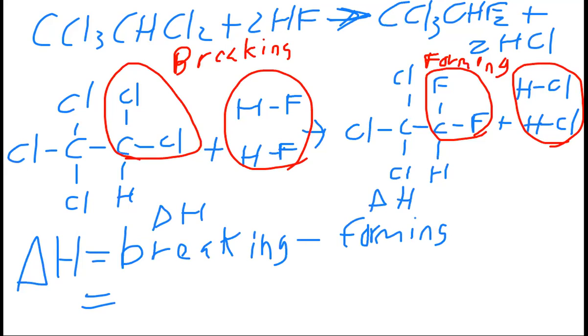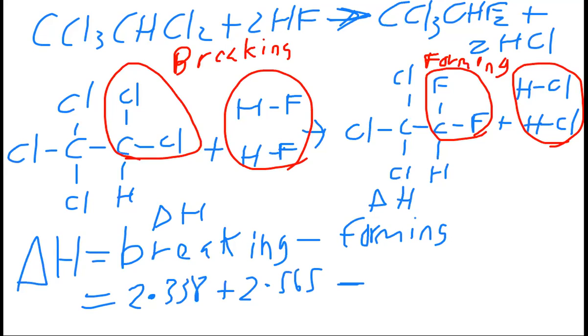So the breaking is going to be 2 times the CCl bond. What is that, Keaton? 338? Yeah, so the CCl bond is, let me tab back over. Good, and then HF is 547 or something? 565. 565, okay. 2 times 565, minus, what's the CF bond?